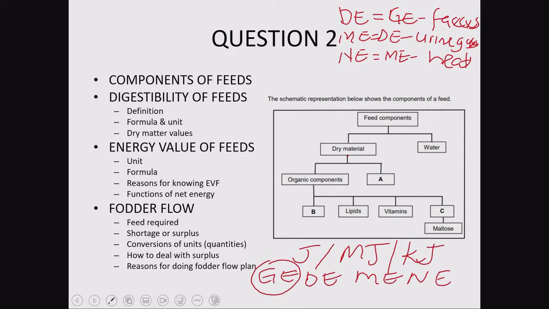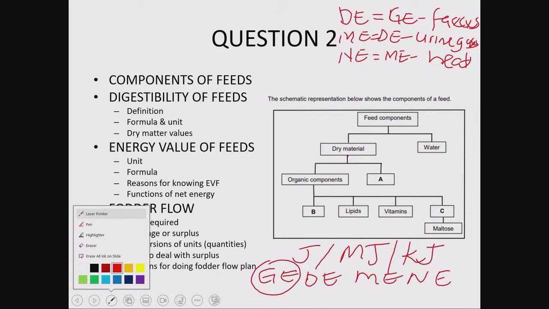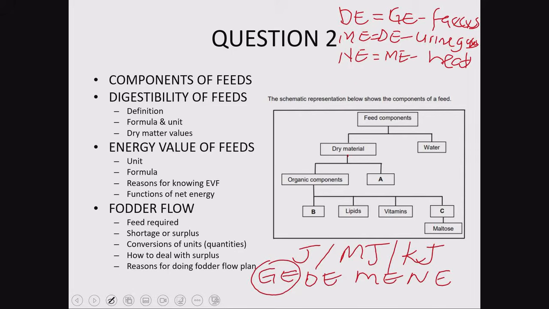Another item that you have to know with regards to energy value of feed is you must know the reasons for calculating energy value of feeds. With number 1, animals diet. You want to know the animals diet. You want to know the feeding standard of the animal.